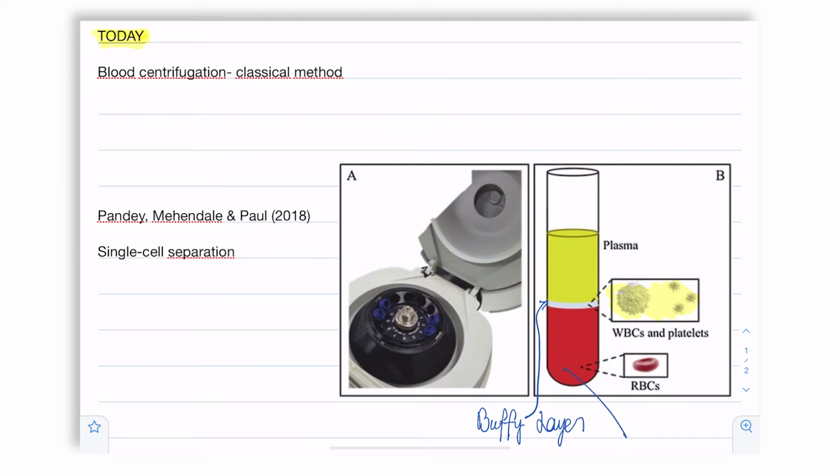And this is the RBC layer. This is because blood itself consists of three major centrifugable components, or those that separate on centrifugation. The plasma, which is sort of a clear fluid, the buffy layer, which contains the white blood cells and platelets, and the red blood cells, which form a very large proportion.